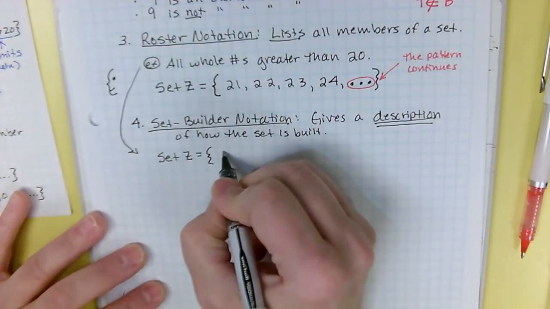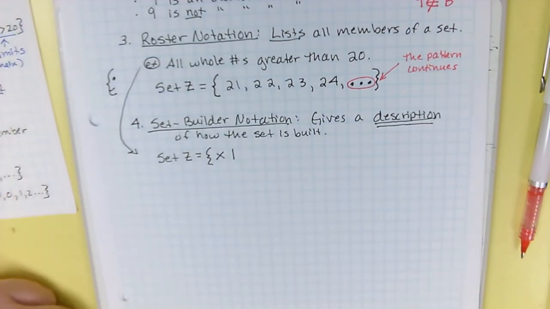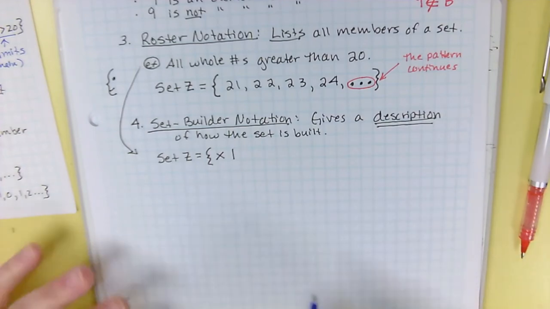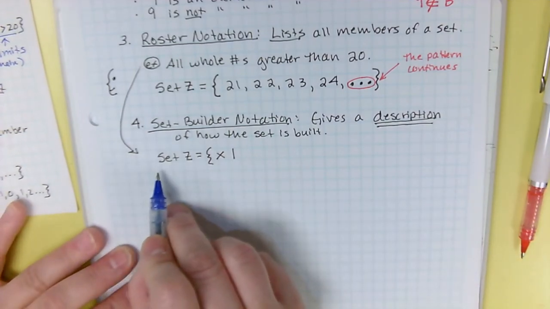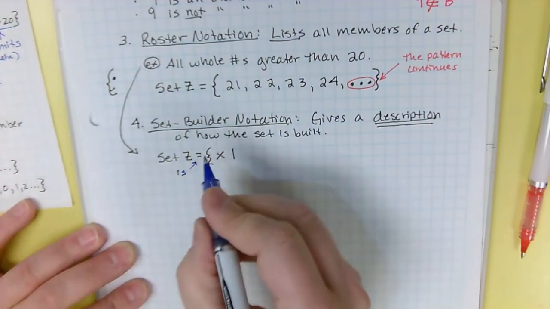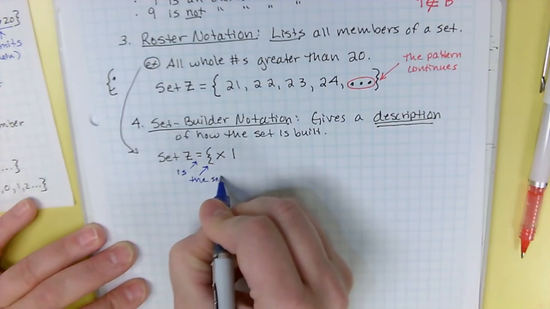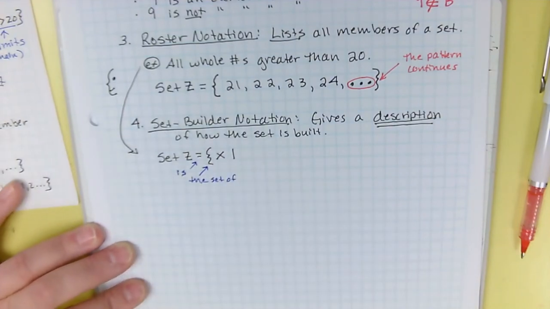And then you have a lowercase x and a bar. So far, what have we written? The way you read this, set Z, the equal sign is. The brace is the set of.